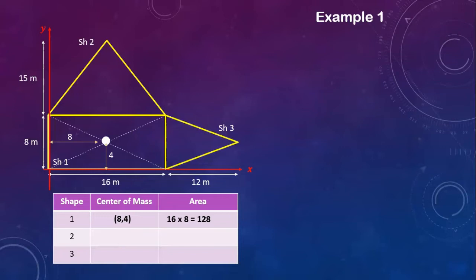The second shape is a triangle. How do we find the center of mass of this triangle? We draw 3 lines on this shape. Is it clear, everyone?